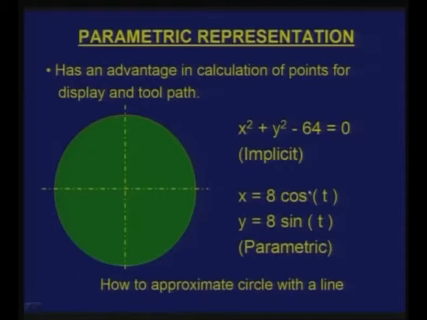Here I know the range of t, which is from, let us say, 0 to 2 pi or minus pi to pi depending on how you represent it. I take small intervals of t and compute x and y values between 0 and 2 pi, get a number of points, and join them to get a linear approximation to this circle, whereas you have difficulty with implicit and explicit.